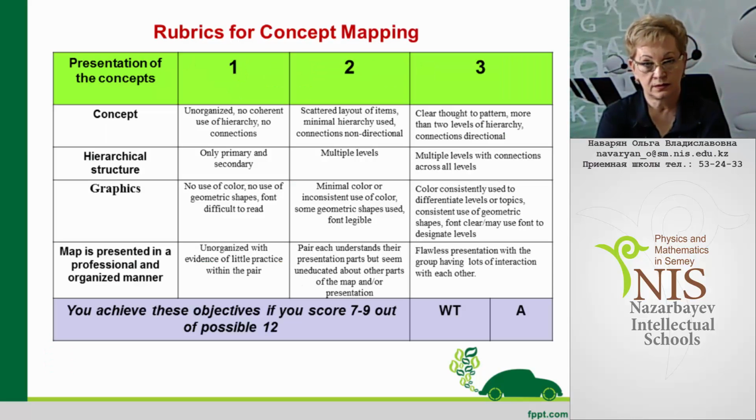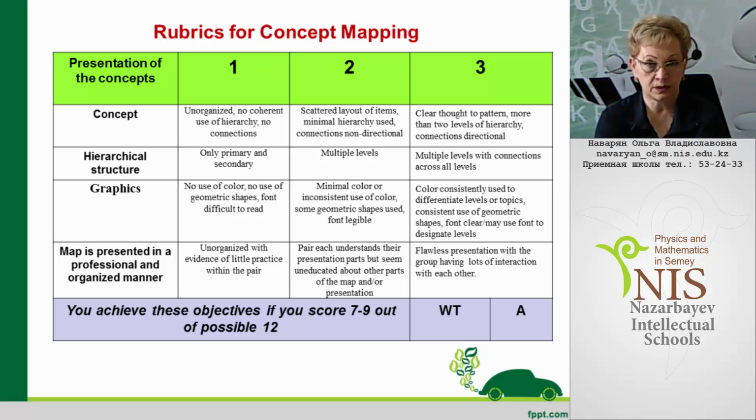This task is rather difficult. That's why I decided to give rubrics for my students. And in these rubrics for concept mapping, we have concept, then hierarchical structure, graphics, and map is presented in a professional and organized manner.